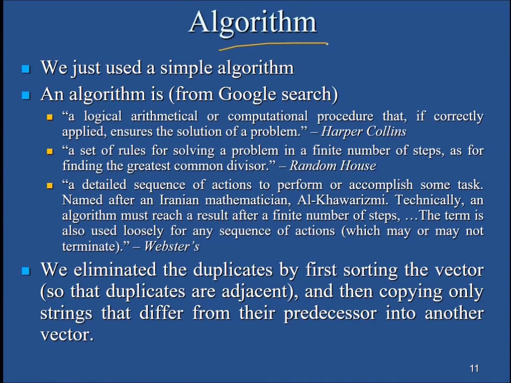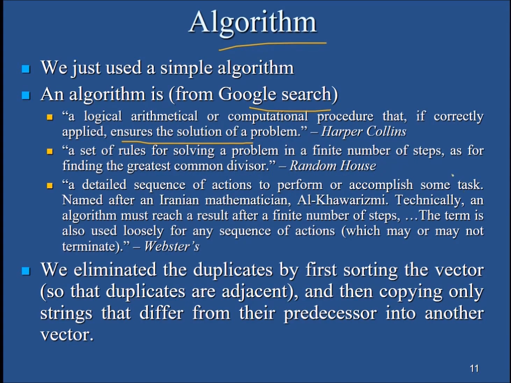So let us come to the actual word, which is algorithm, because everything is algorithm, data structure, and its analysis in every programming language. An algorithm is, from a Google search, a logical, arithmetical, or computational procedure that, if correctly applied, ensures the solution of a problem. This is by Harper. And by Random House, the other definition is a set of rules for solving a problem in a finite number of steps, as for finding the greatest common divisor.